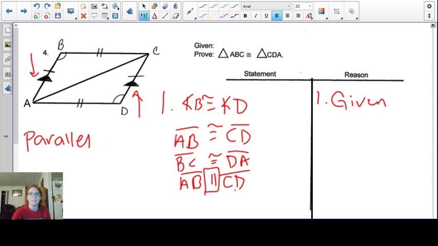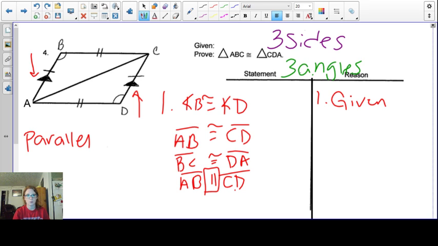So we still need 3 sides. And I'm going to switch colors for that last one because that was hard to see. And 3 angles.